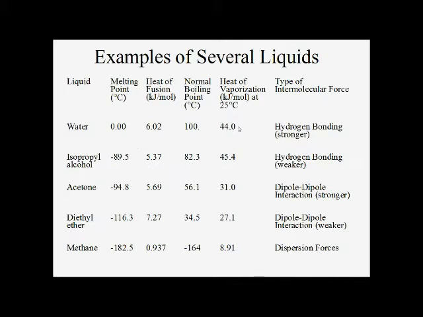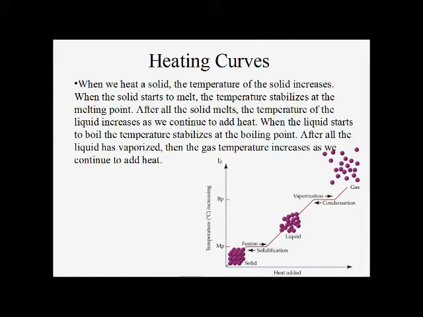And heat of vaporization is similar. It's not perfect between the two hydrogen bondings up here, but generally the weaker intermolecular force will have a smaller heat of vaporization, and the stronger intermolecular force will have a larger heat of vaporization.